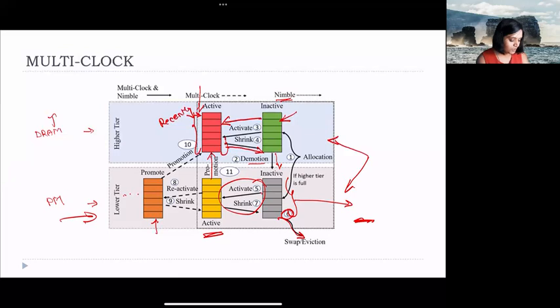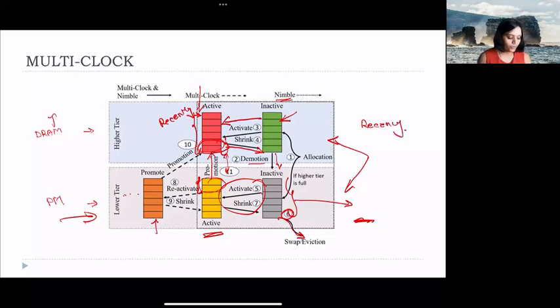If we want to capture frequency, exchanging the data at the top of this bottom list with the bottom of this top list will allow us to, because we know that this is more recently used data because it's sorted in that order, and this is less recently used data. It will allow us to organize the data, capturing the recency in some format.